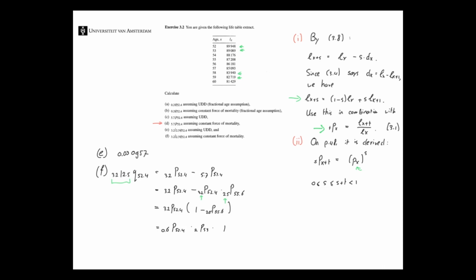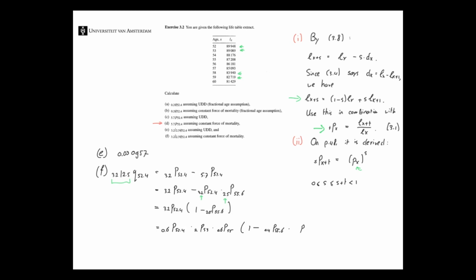And then what is left, so we are left with 0.6, and we are aged 55 here, right? And we can do the same thing here, so we start at age 55.6, add 0.4 to reach the first integer age.